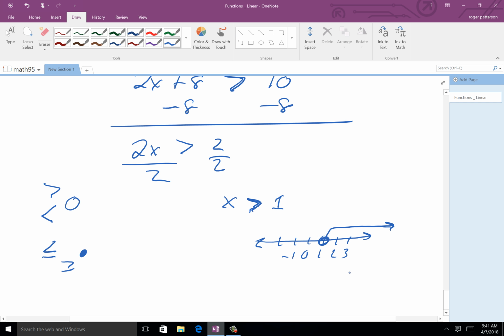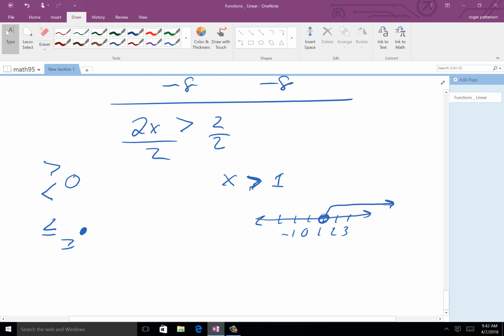And the other one is called interval notation, which I'm pretty sure you did. And if you haven't, interval notation goes like this, with a parenthesis if it's this way, and brackets for that.